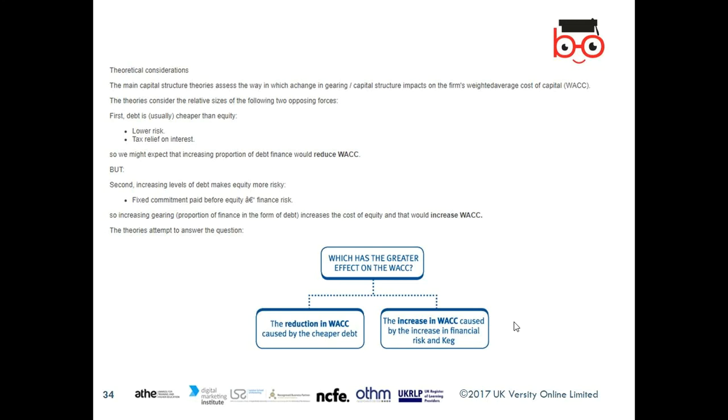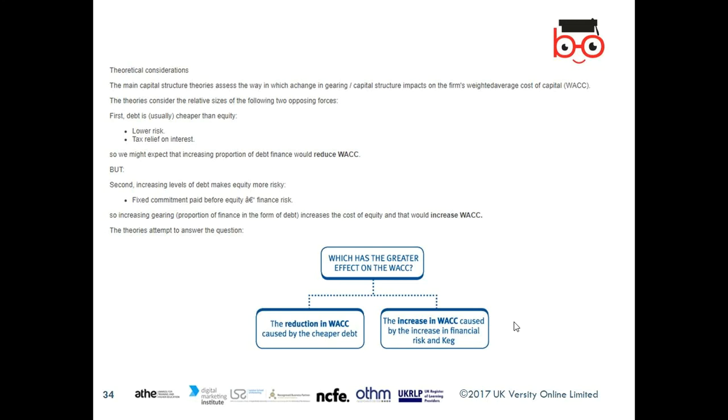Capital structure impacts the firm's weighted average cost of capital. The theory considers the relative size of two opposing forces. The first: debt is usually cheaper than equity, with lower risk and tax relief on interest. Because if it is debt, the interest you pay is an expense, and thus you can deduct it from the profit.